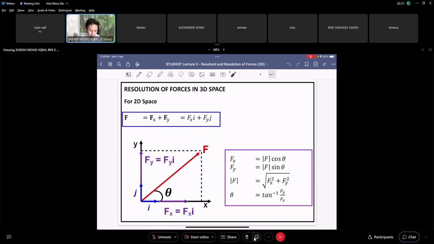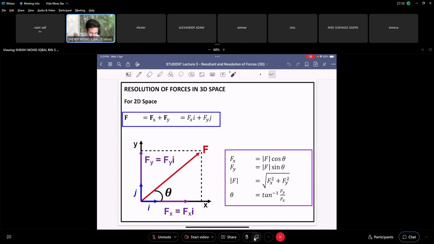So we have one main force here. We want to resolve it into two forces, because this one is just an example of two dimensions. So we resolve it into x and y, force 1 and force 2. Resolving, right? Breaking it down into multiple forces.